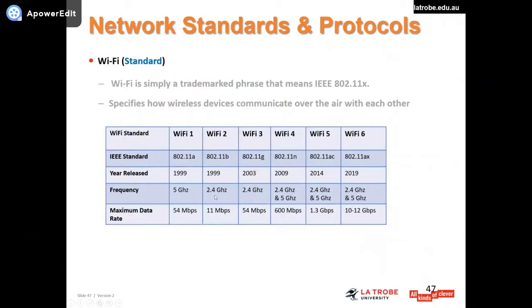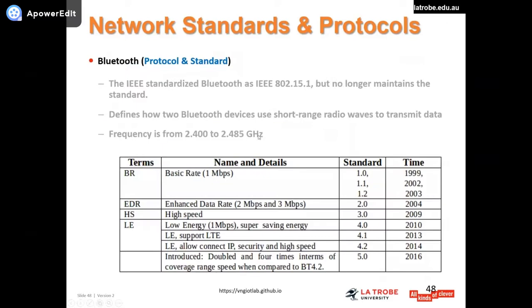You only need to understand the frequency band used in different generations of Wi-Fi, for example, 2.4 and 5 gigahertz, and also the typical speed of each generation. Same for Bluetooth. What's the frequency band and what's usually the data rate?